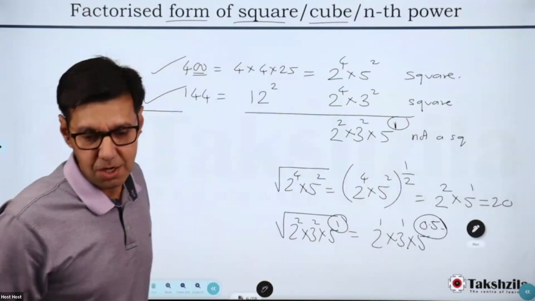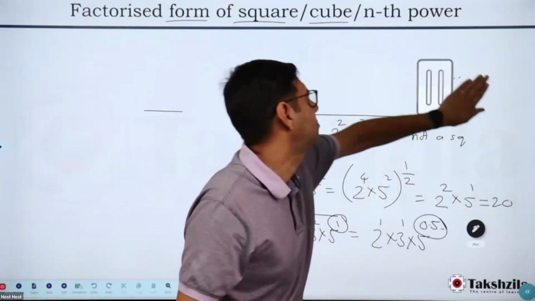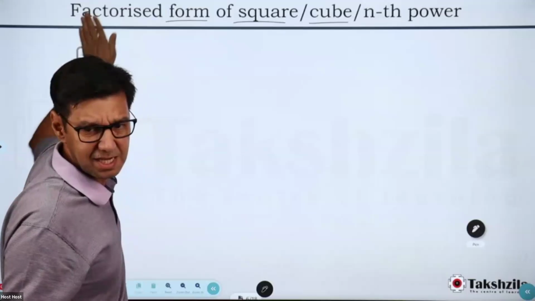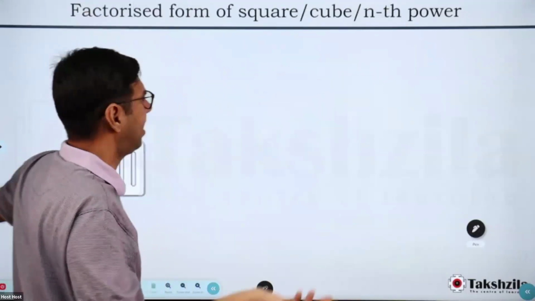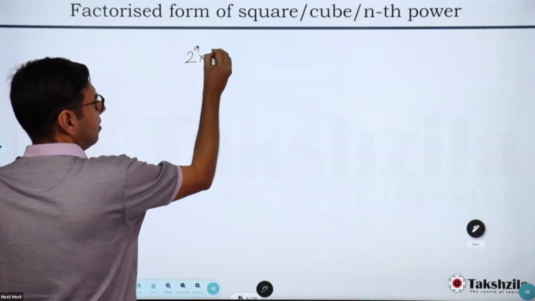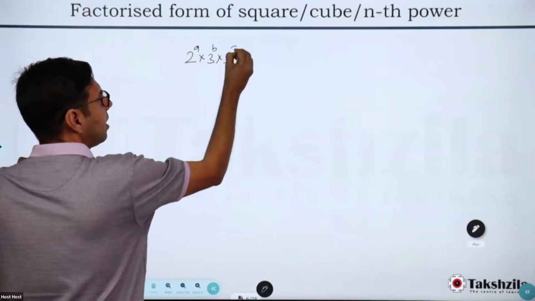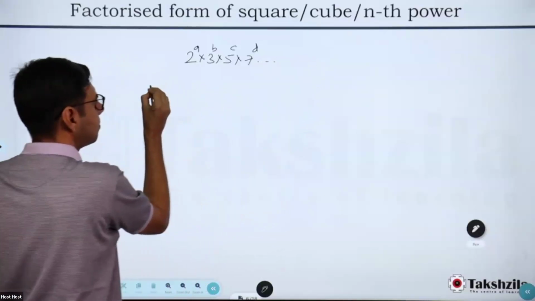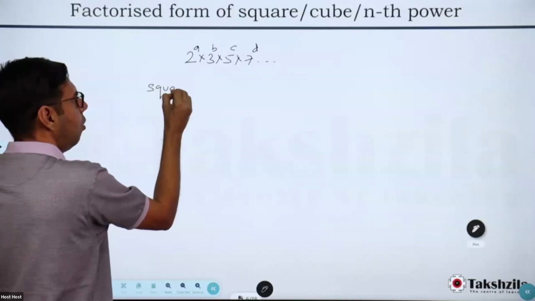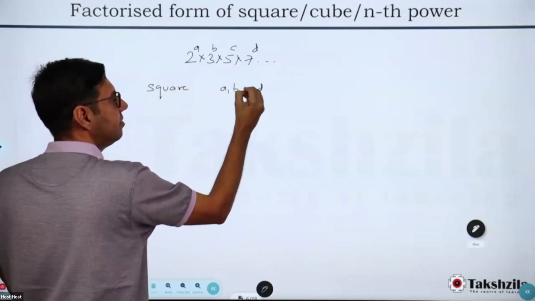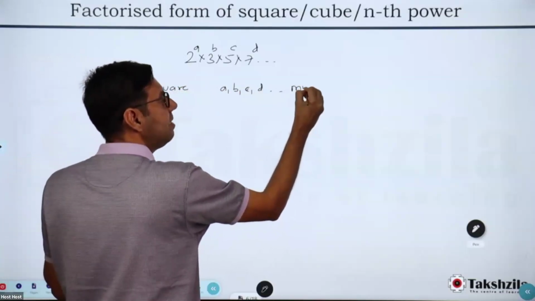So again, to cut a long story short, to save you all the time so that we can focus on better things, I don't want to extend it. Suddenly classes are going a little more than what I would like. To keep it short and sweet, this is a square only when each of a, b, c, d are multiples of 2.